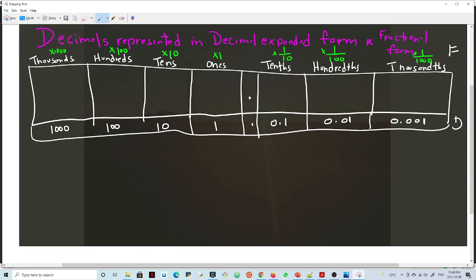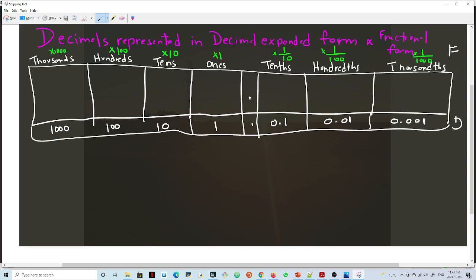So here you can see we have this table which is ranging from thousands to thousandths, and we'll take a number, for example. Let me explain that tenths here is 1 upon 10. Hundredths is 1 upon 100.